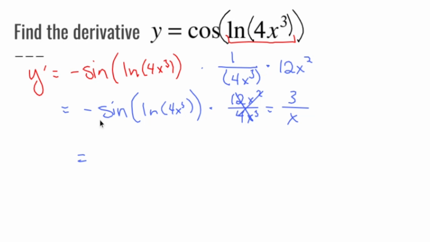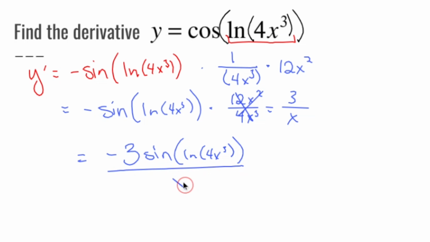That looks better. So let me put that together as 3 coming out in front of sine. So negative 3 sine of ln of 4x cubed, close it, all over x. Gross. Gross, gross, gross.